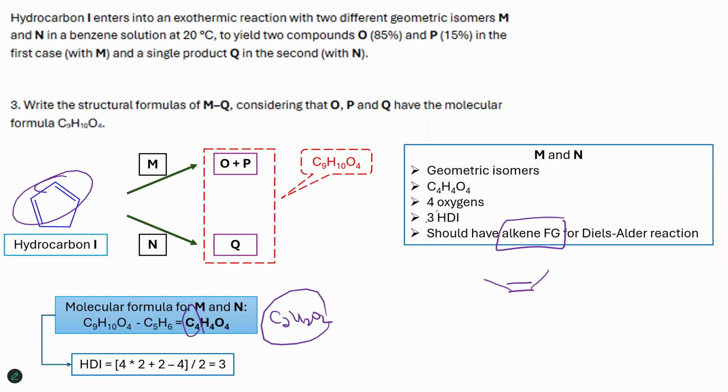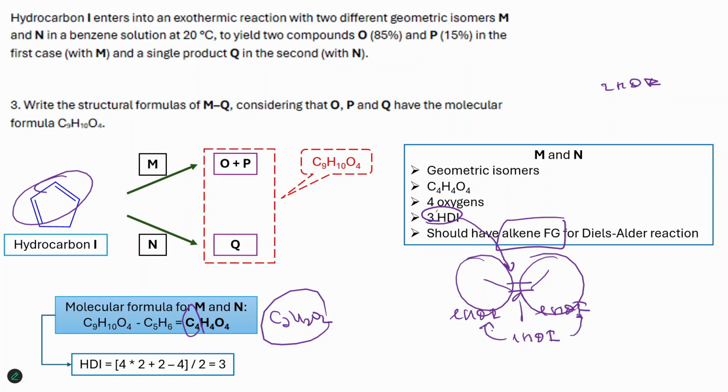And I also have 3 HDI. I also used one of them here. So I am left with 2 HDI. Since I am using it symmetrical, I should have 1 HDI in each side. When I say 1 HDI, I mean a moiety that contributes to HDI, which could be a ring or a pi bond. Because I already have double bond in between, so this is already 1 HDI.